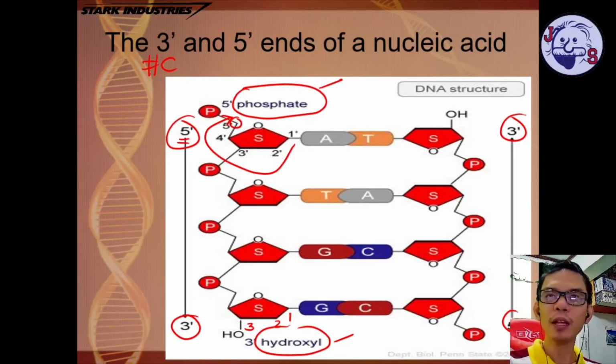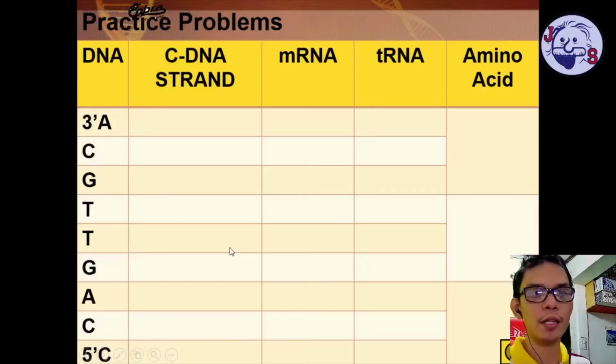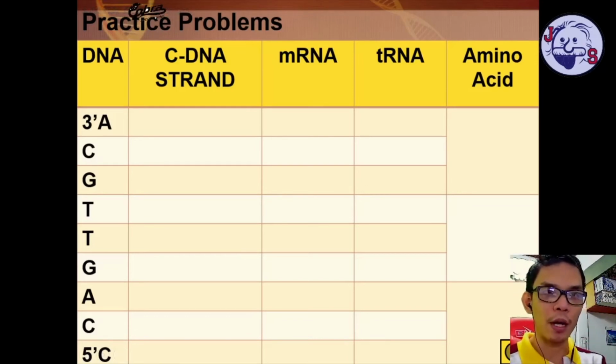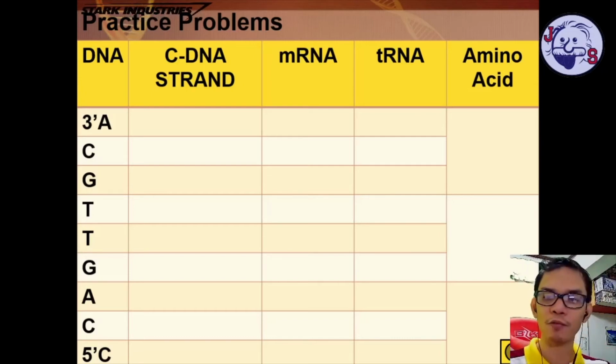Now, let's go to another set of practice problems. I have this problem right here. You can pause this video if you want time to think and answer it. First, let's find the complementary strand of the DNA.